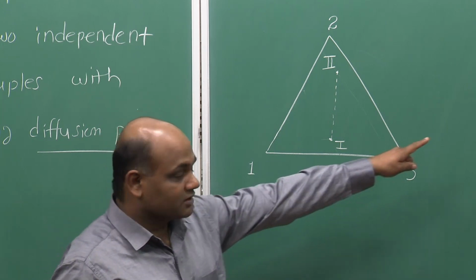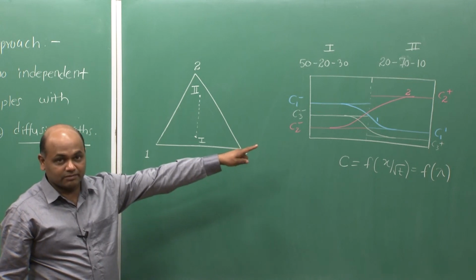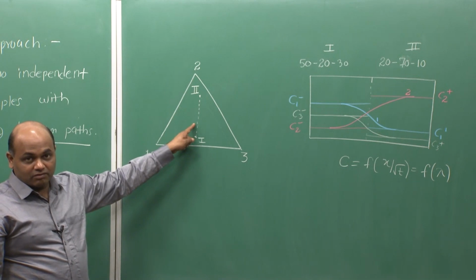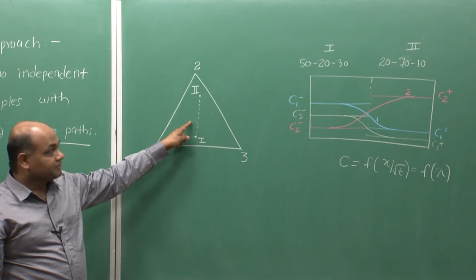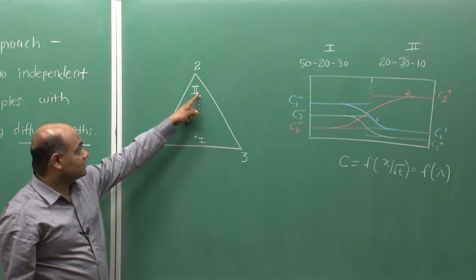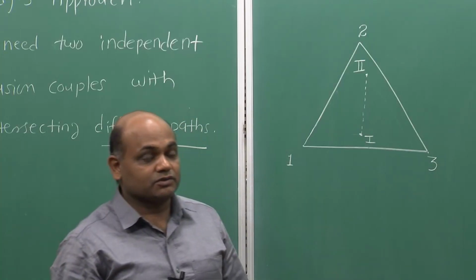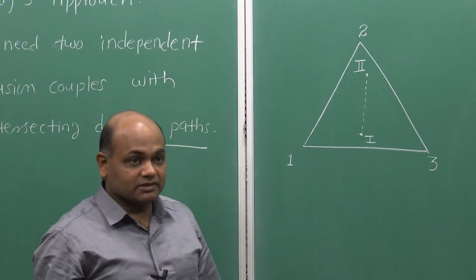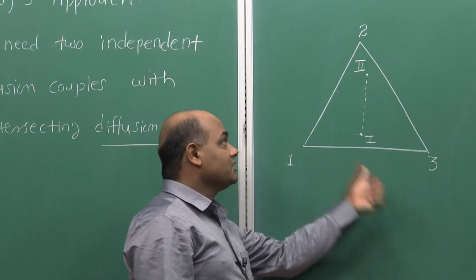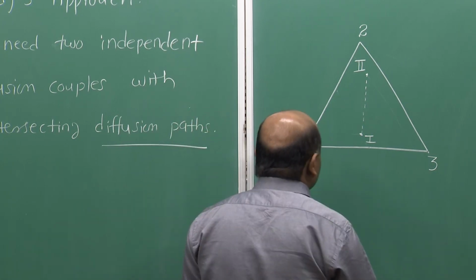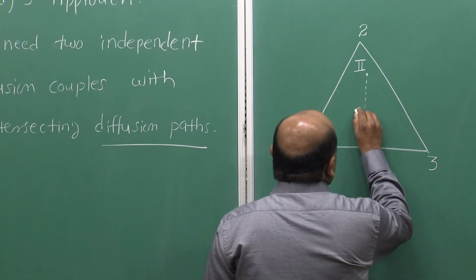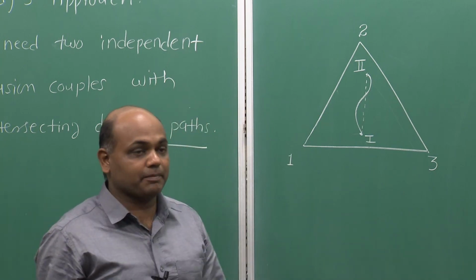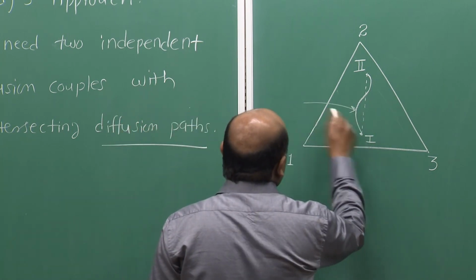Now, if I plot the composition sequence that is developed in the diffusion profile onto this ternary isotherm, what would it be like? One may tend to think that it will follow this straight line joining the two terminal alloys, but it is not the case. We will find typically this sequence of composition, if plotted on a ternary isotherm, takes the shape of S. So, the diffusion path is typically an S shaped curve.